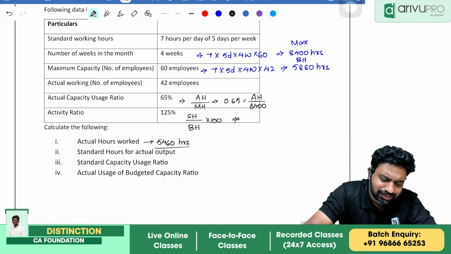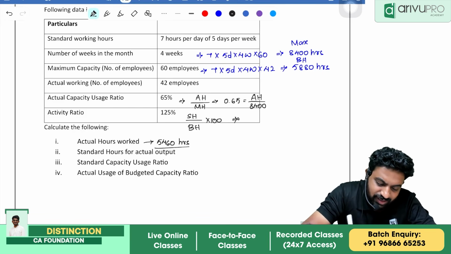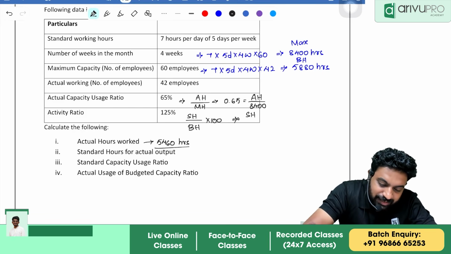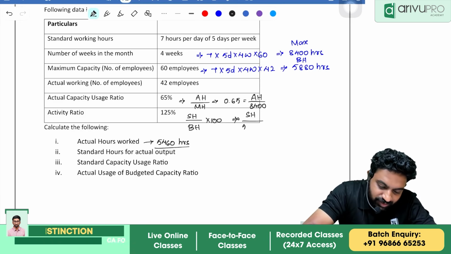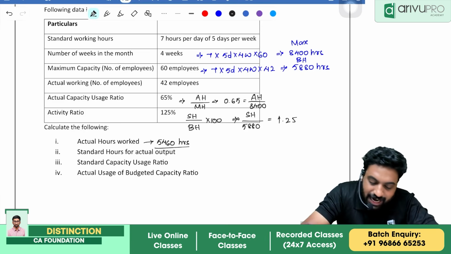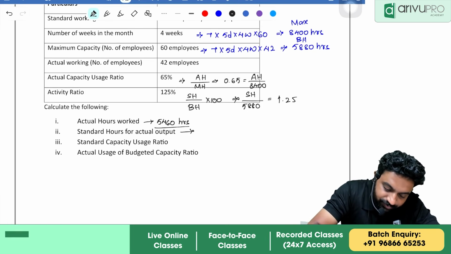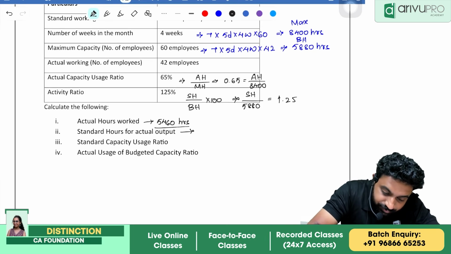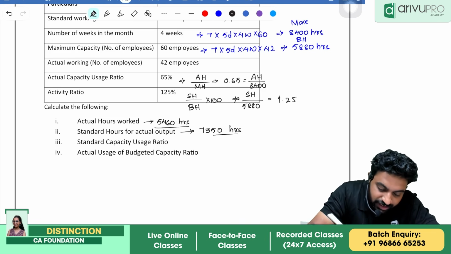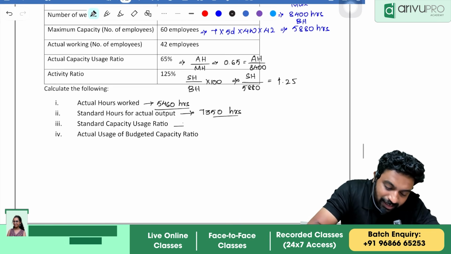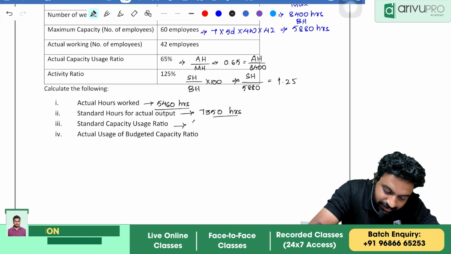Standard hours we don't know, budgeted hours 5,880, and that is equal to 1.25. Standard hours are 7,350 hours.